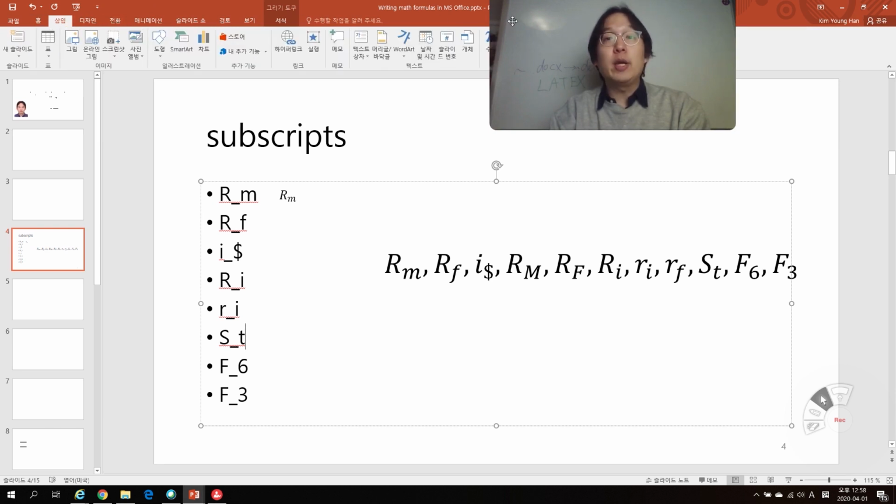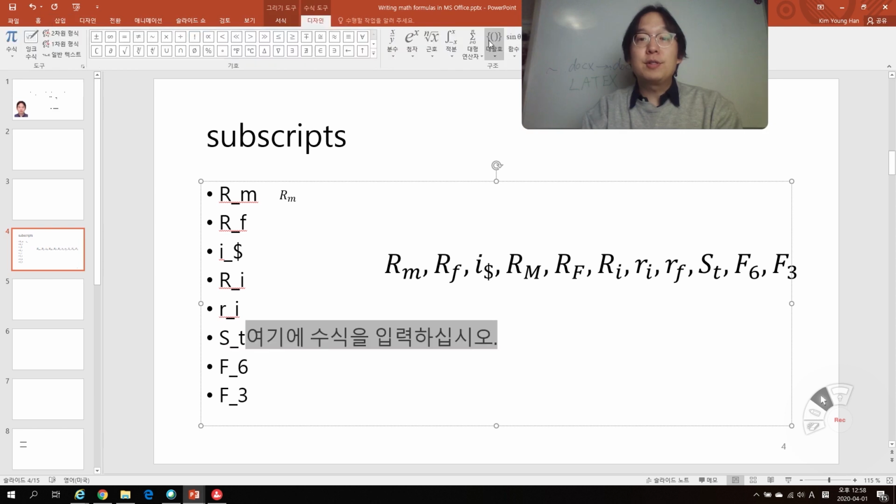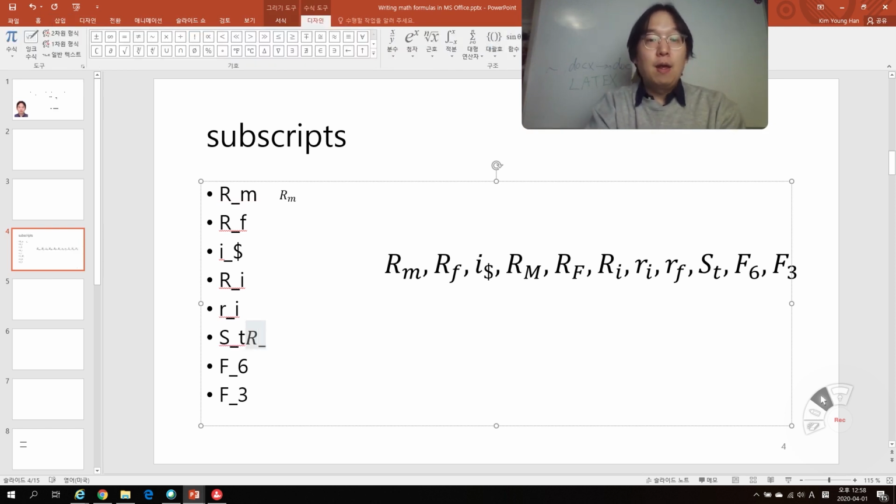Yes, we can do it. Insert, let's say, R sub F sub 1. First it becomes F sub 1. Once you punch the spacebar one more time, it becomes R sub F sub 1.